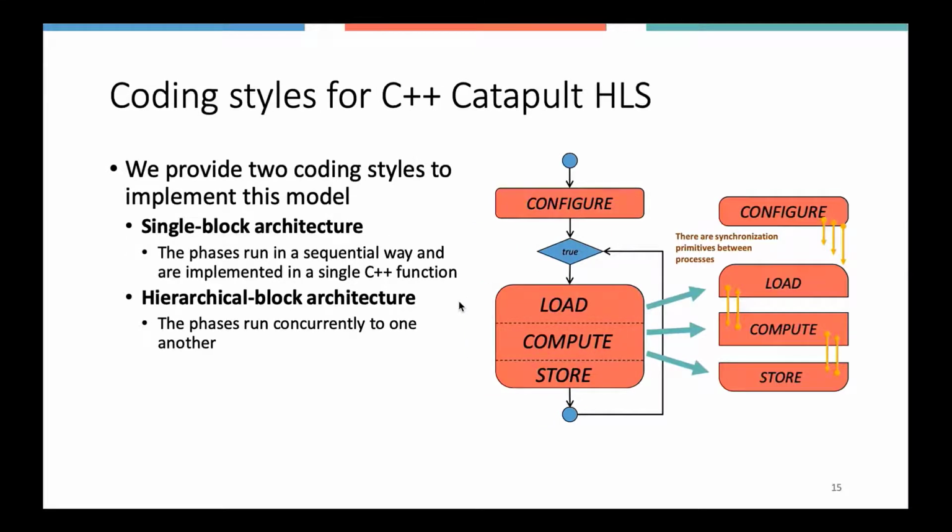For Catapult HLS, we have defined 2 different coding styles. A first, simpler style is the single block architecture, where the phases run in a sequential way and are implemented in a single C++ function. Then we have defined a hierarchical block architecture coding style, and in this case the phases run concurrently with one another.